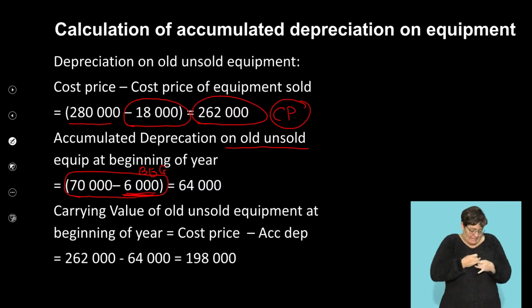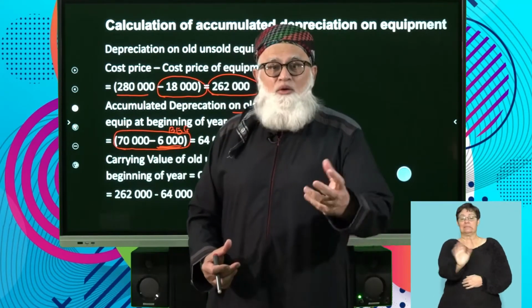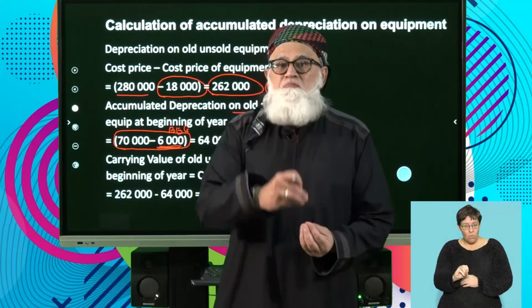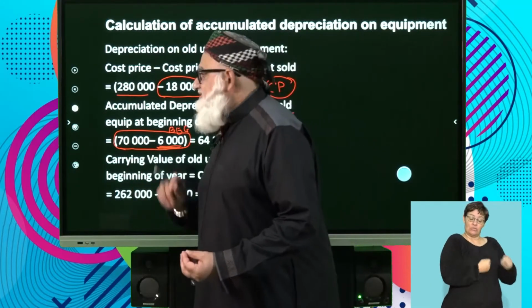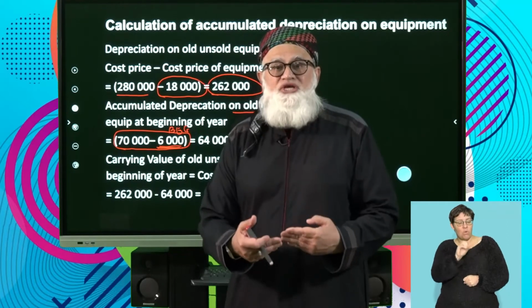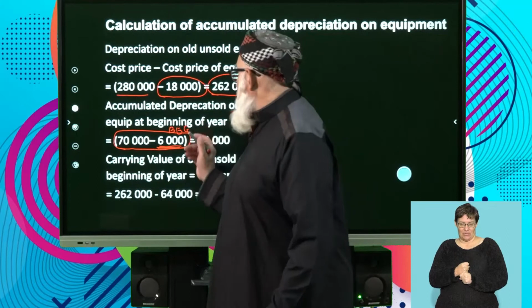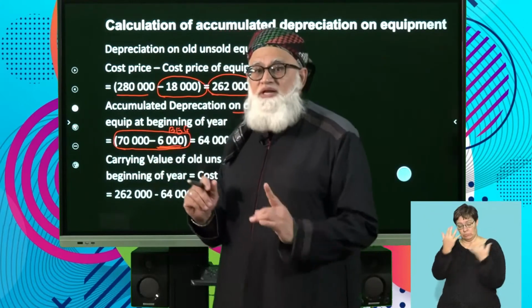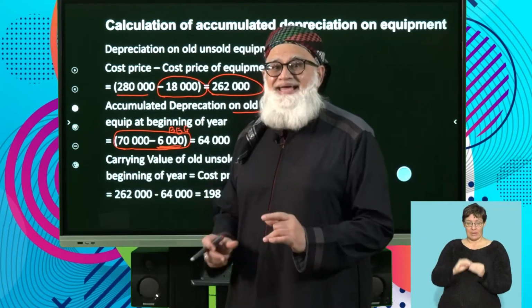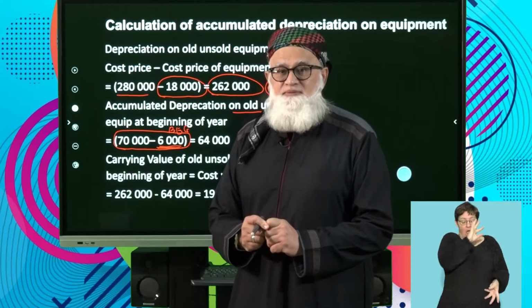Right. Very often we find candidates bringing in the 1350 as well. Now remember, the 1350 is not part of the 70,000 because the 1350 we processed this year. So always when you are doing this calculation for the accumulated depreciation, remember it's the opening balance of the accumulated depreciation.